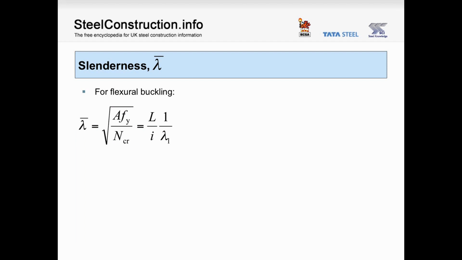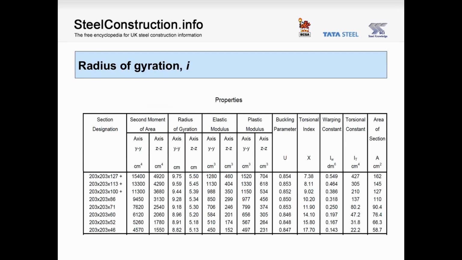Now we need to calculate the non-dimensional slenderness. There are two alternative methods. For now, we will calculate the non-dimensional slenderness by the buckling length divided by the radius of gyration divided by this constant lambda 1. We then need to select the radius of gyration. So for the minor axis, the radius of gyration is 5.2 centimeters.